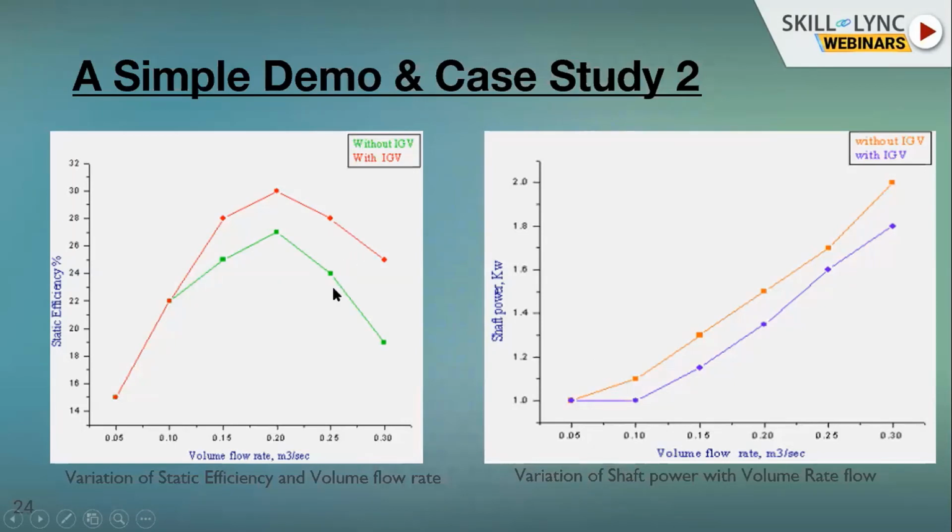Efficiency is increasing if you use inner guide vanes, as you can see with the red graph line, and without inner guide vanes the efficiency decreases quite a lot.